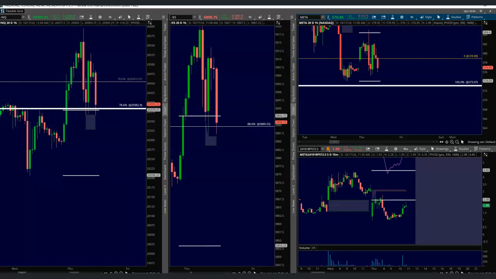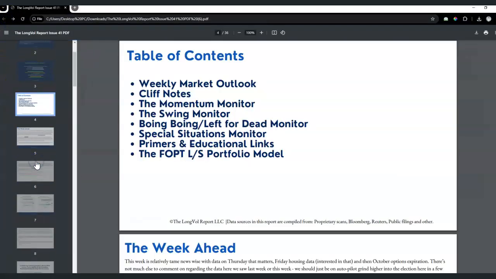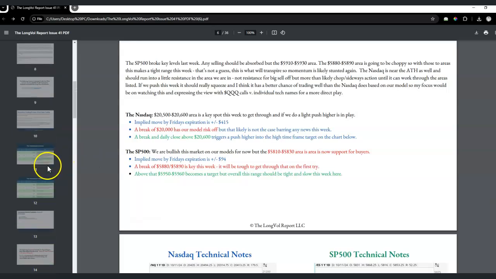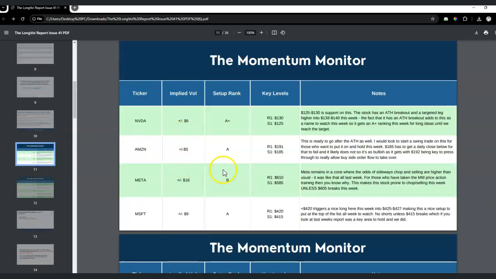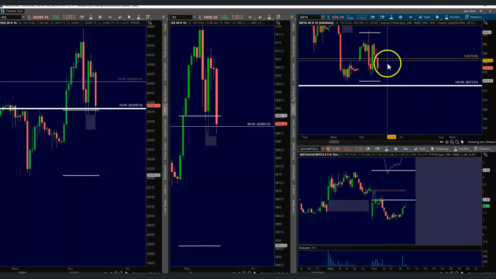Again, to be clear with this, there's a rhyme and reason to how we do this, and it's not that simple. I know a lot of traders, you guys want simple, but coming into this week, Meta was on the list to be bearish, and this is why I'm even watching it to short in the first place.